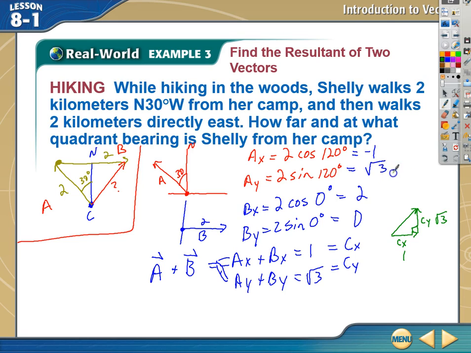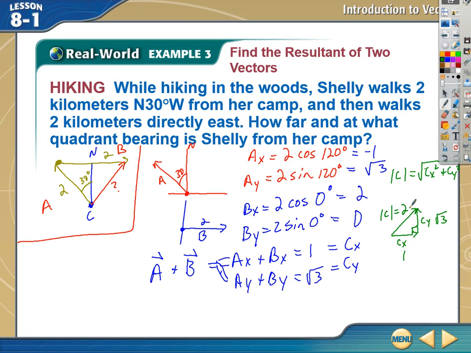So the magnitude of C, and this is something big you've got to write down, the magnitude of my resultant is the square root of C x squared plus C y squared. When I find that out, it's going to be silly for this example, because the magnitude of C is equal to 2.